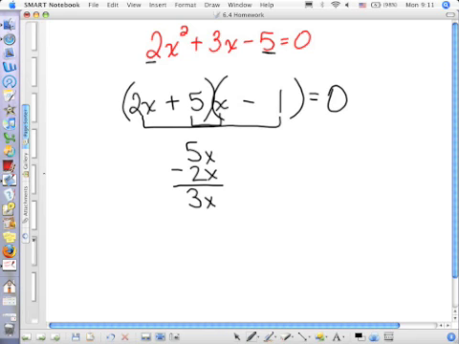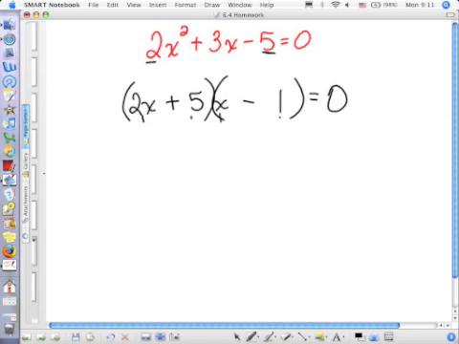That was factorable, okay? That's how you find the factors. That's how you tell if it's factorable, okay?